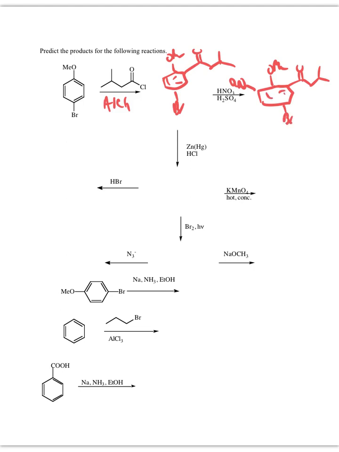Zinc and HCl reduces the carbonyl, so we're going to make the alkane chain with the bromine and no nitro. HBr cleaves the ether. It's going to give us methyl bromide and the phenol.